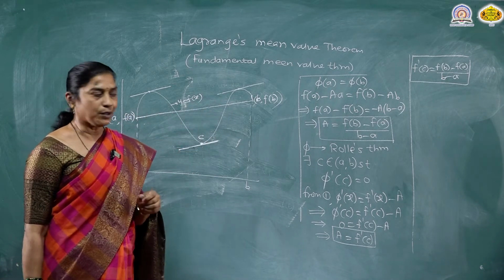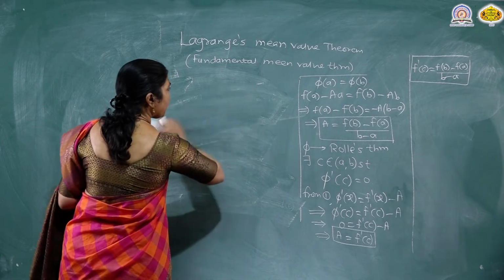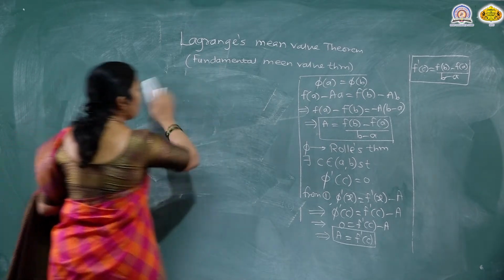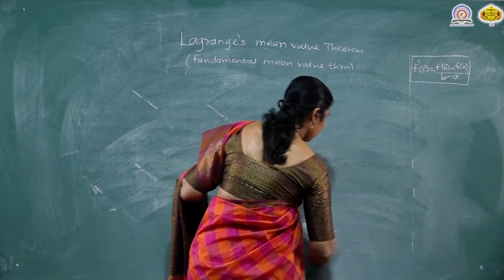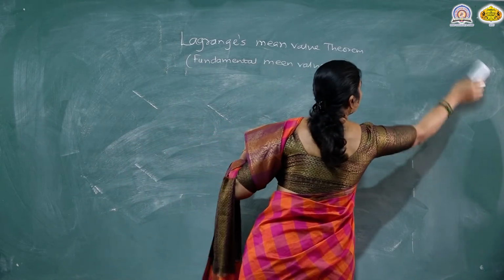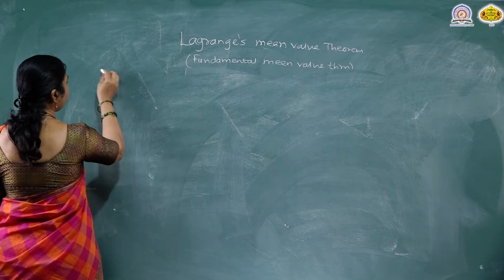Now we will see one of the consequences of this Lagrange's mean value theorem, which gives us a definition or criteria for a constant function.